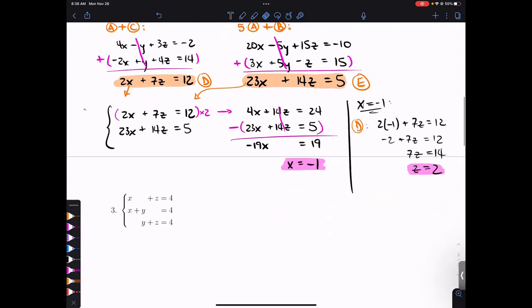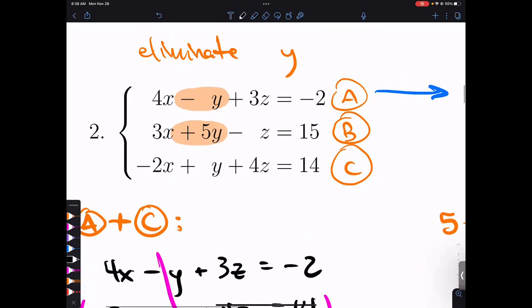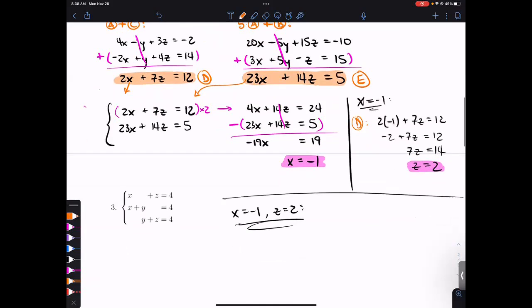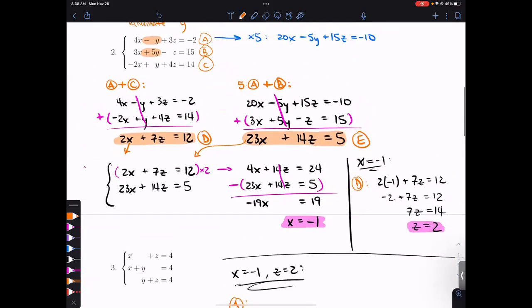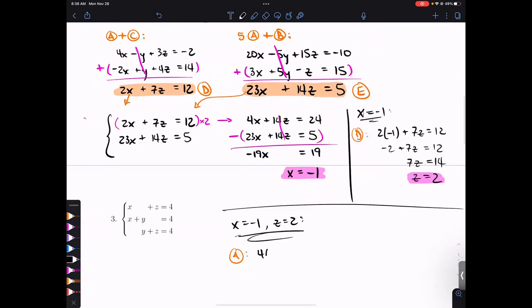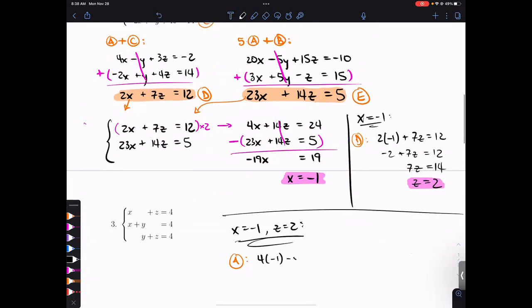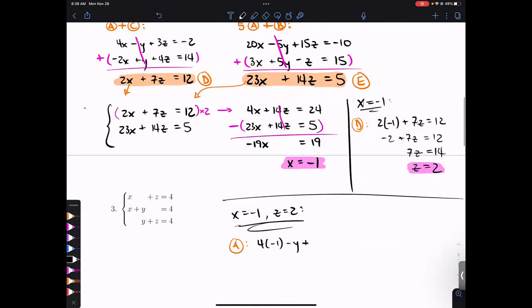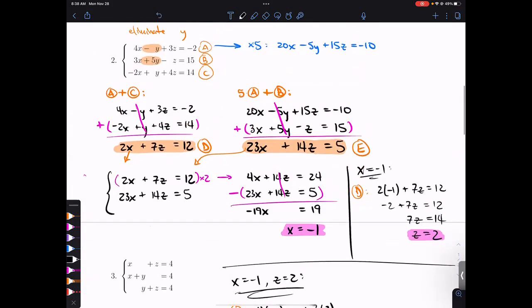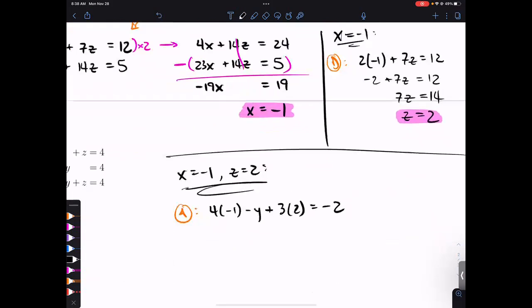And I'll do a horrible job of organizing things here, but whatever. If x is -1 and z is 2, then any of the original equations, and it's kind of a toss up, it doesn't really matter which one you use. For x minus y plus 3z equals -2.